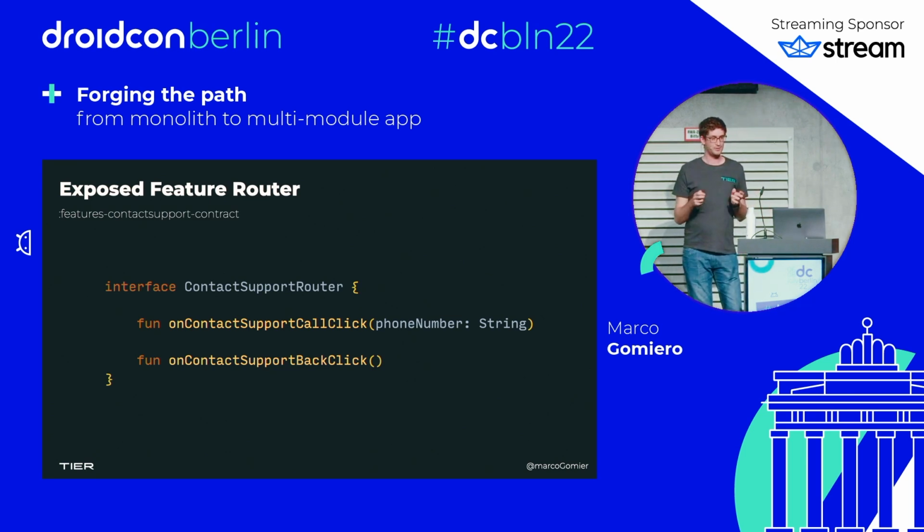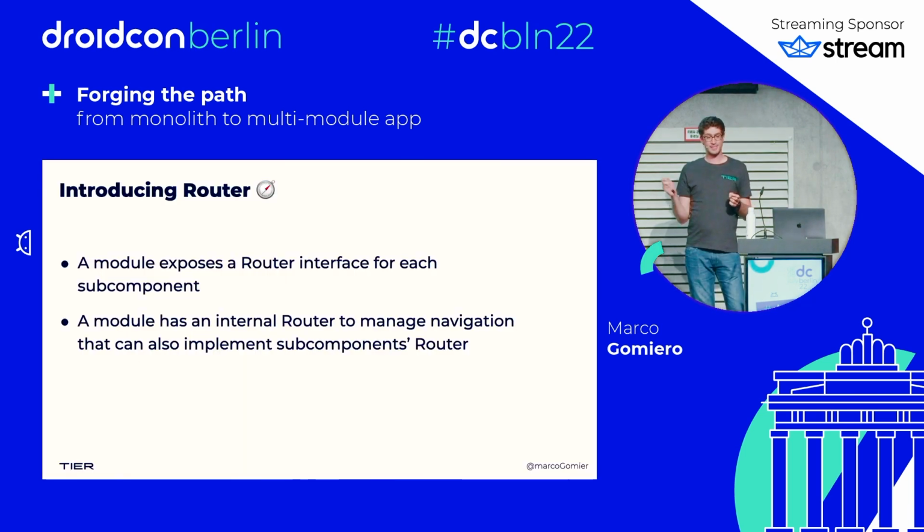So pretty standard. And then the module that wants to import that feature has to implement an internal router for handling internal navigation, and can also implement the router from the subcomponent to handle navigation internally in its world.